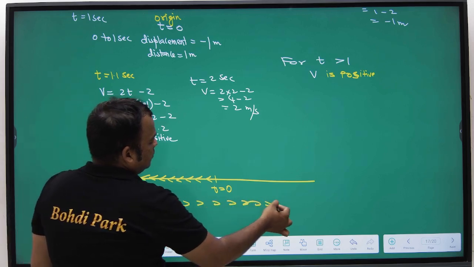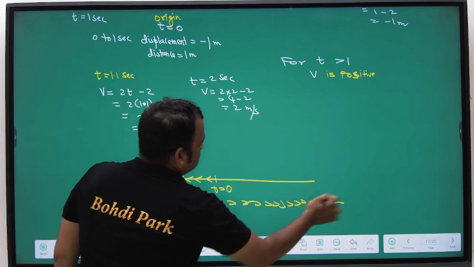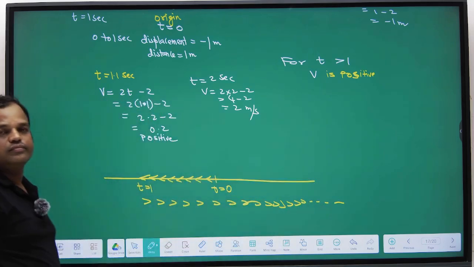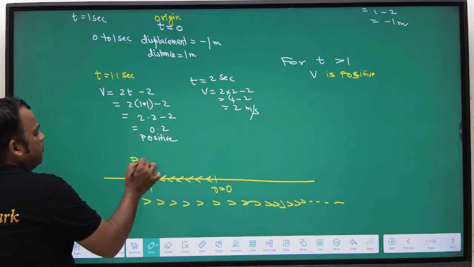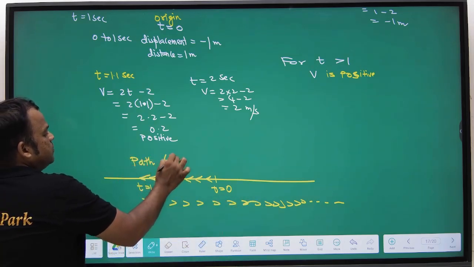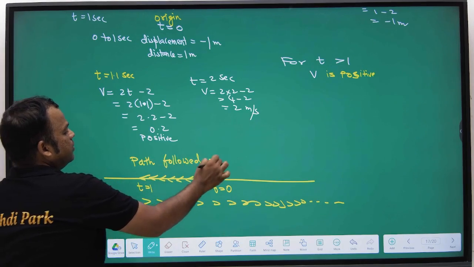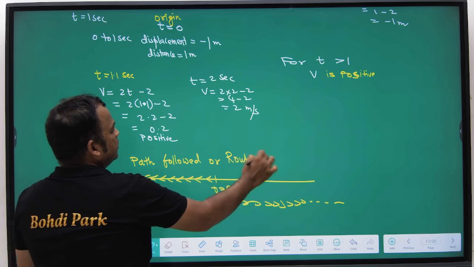Continuously it will go on. So this is known as the path followed, or route followed.